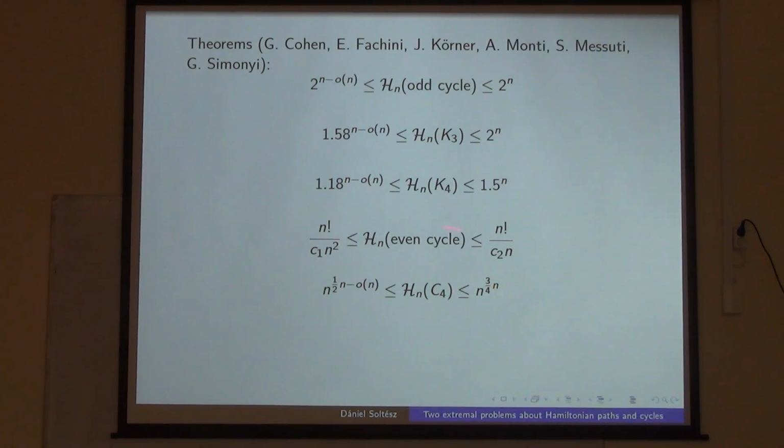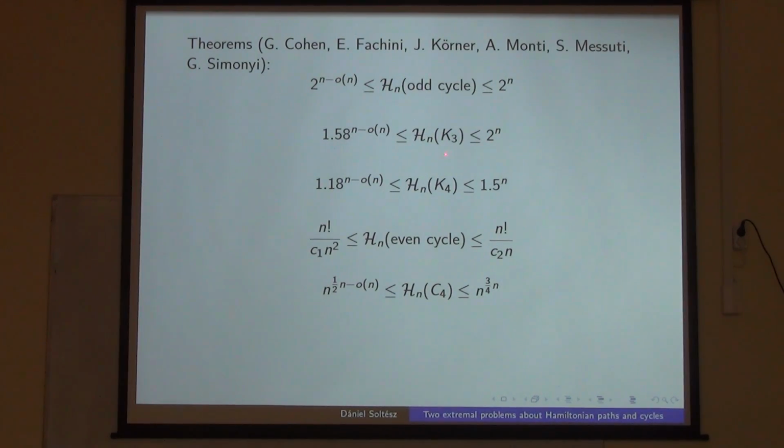So we do not know the answer for even cycles, we do not know the answer for C4s, but we know that for C4s, it must be less than for the even cycles. So C4s and even cycles are very different here. And it will turn out in the next slide that odd cycles and K4s will be exactly the same.